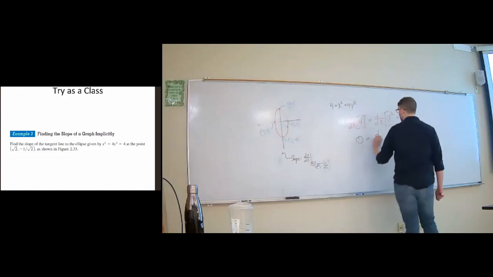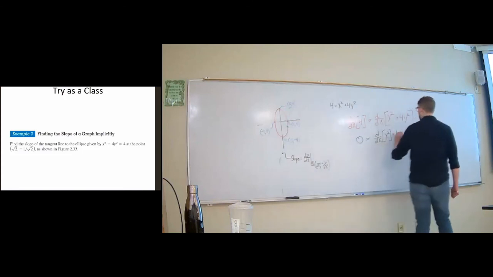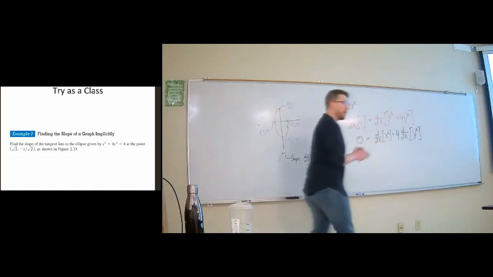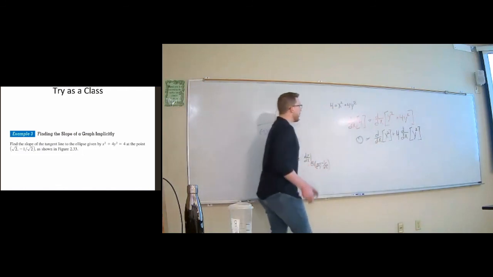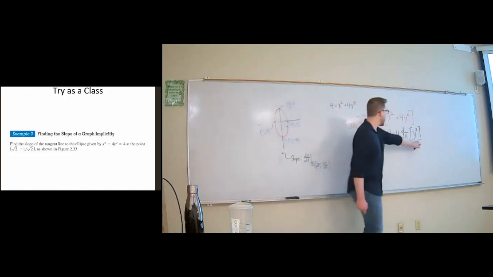So d/dx of x squared plus, we can pull out that 4, 4 times d/dx of y squared. This we can differentiate directly. This we're going to have to hit with the chain rule.